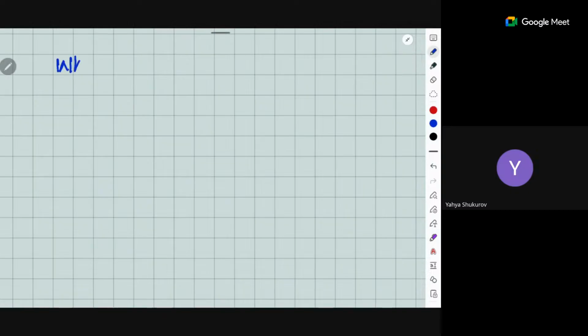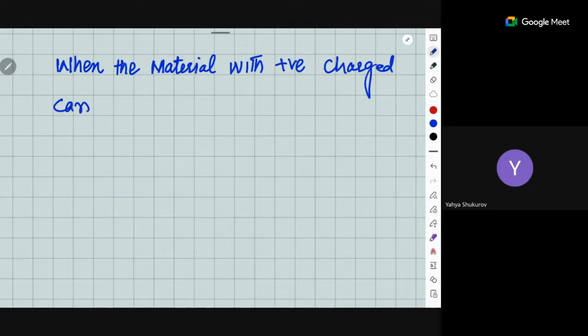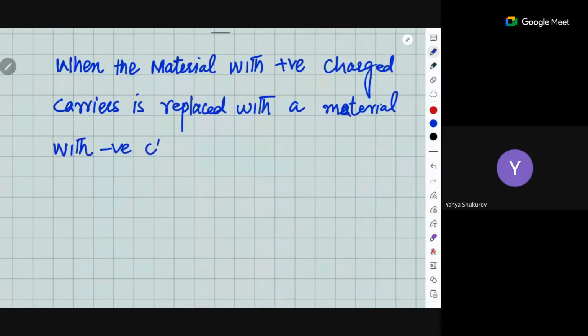So when the material with positive charge carriers is replaced, not reversed, replaced, with a material with negative charge carriers, then there are 2 points.